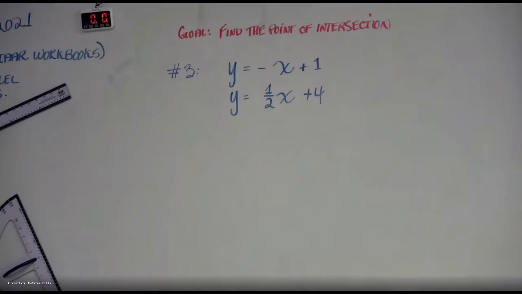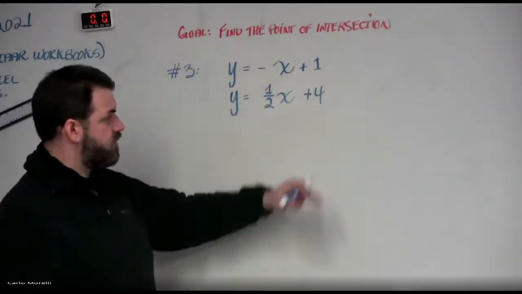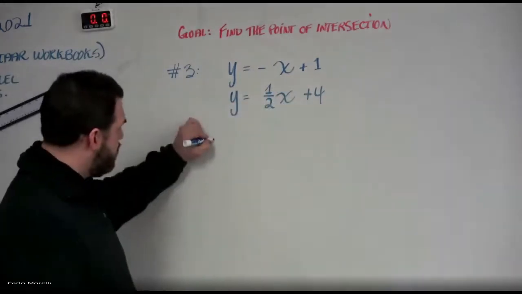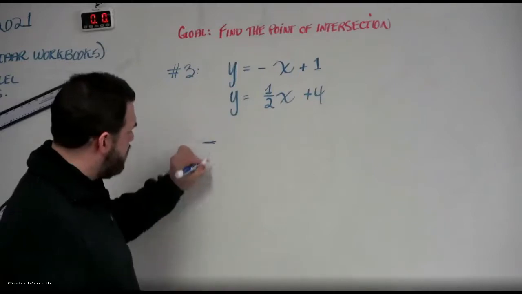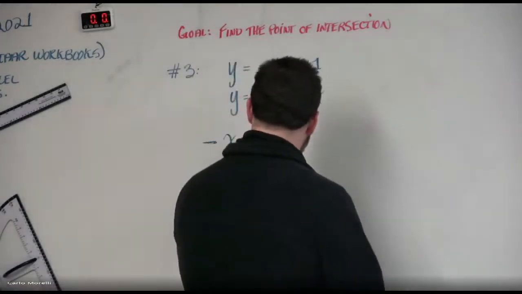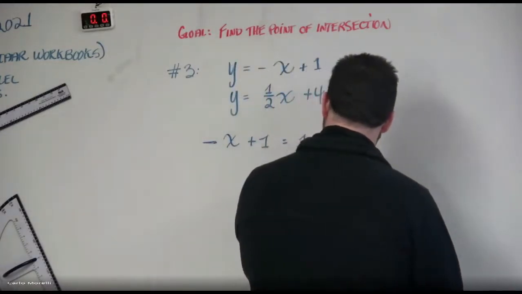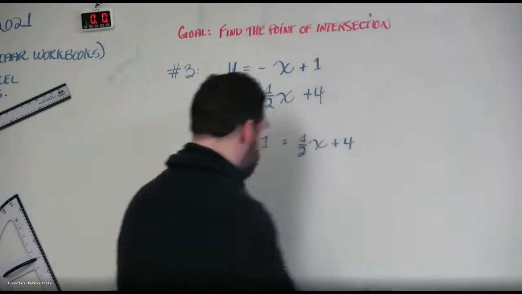So if y equals negative x plus 1 and y equals 1/2 x plus 4, then I can say negative x plus 1 equals 1/2 x plus 4. So I'm going to write that as my first step: negative x plus 1 equals 1/2 x plus 4.